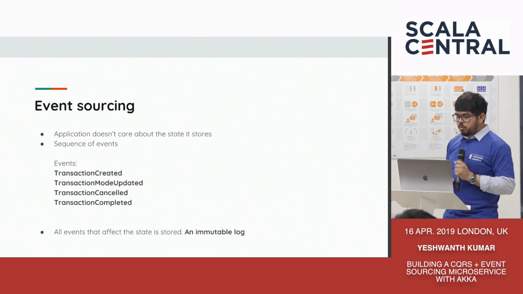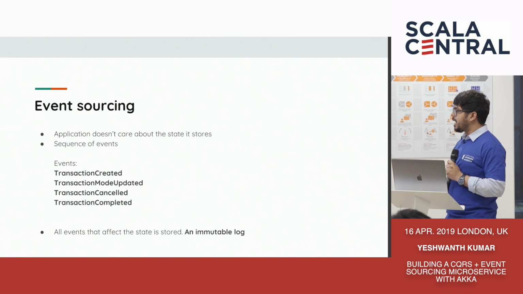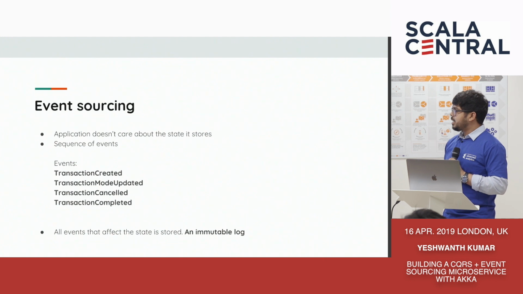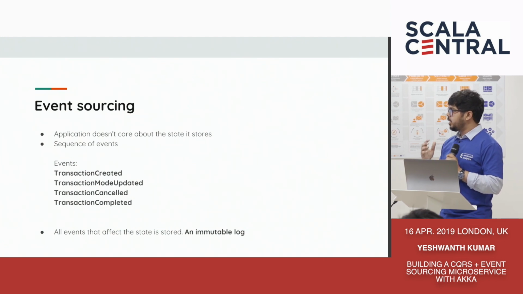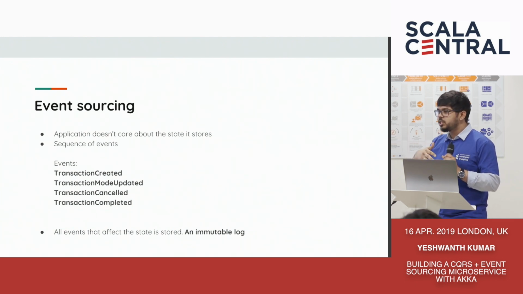Right. So what event sourcing is, is that the application doesn't care about the state it stores. Of course, it does have a state, but what it means is that there is a sequence of events. When something happens in the system, it emits a lot of events out.